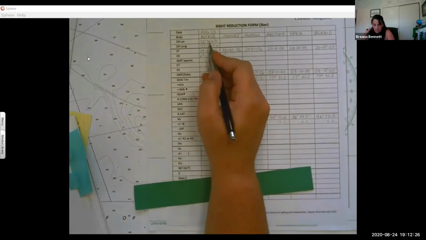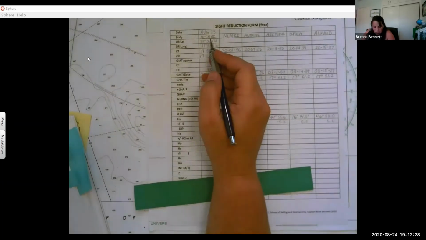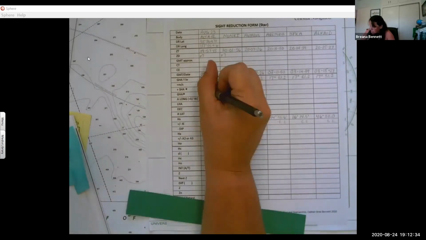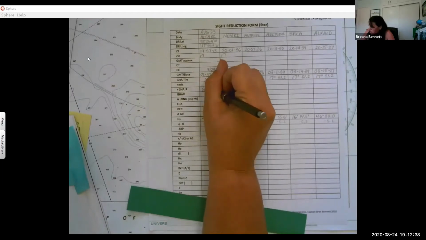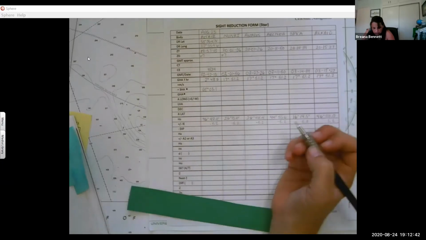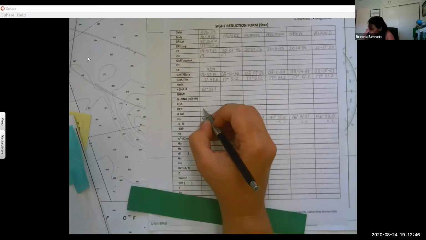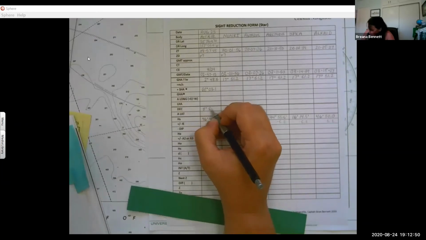Our first one is Altair, and it is in alphabetical order, so that helps. So we have our SHA of 62 degrees, 03.1, and a declination of 8 degrees, 55.5.